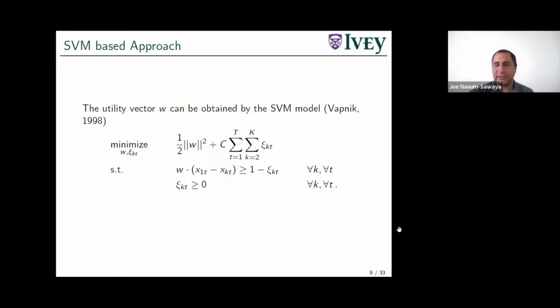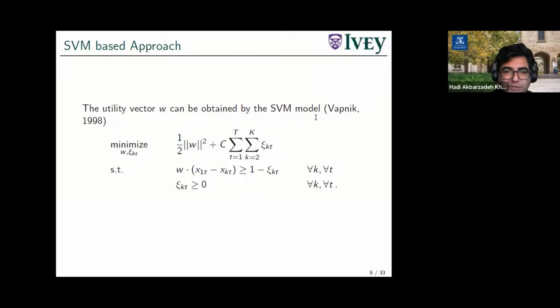Any questions about this? Because that's the core of the model. So this is just what has been already introduced in the literature. Last one question here. So the W here is referring to what exactly?